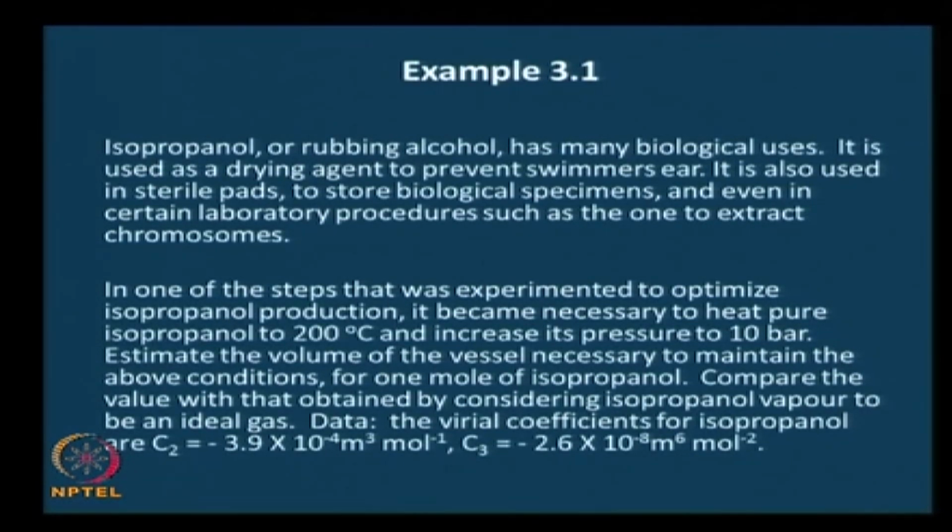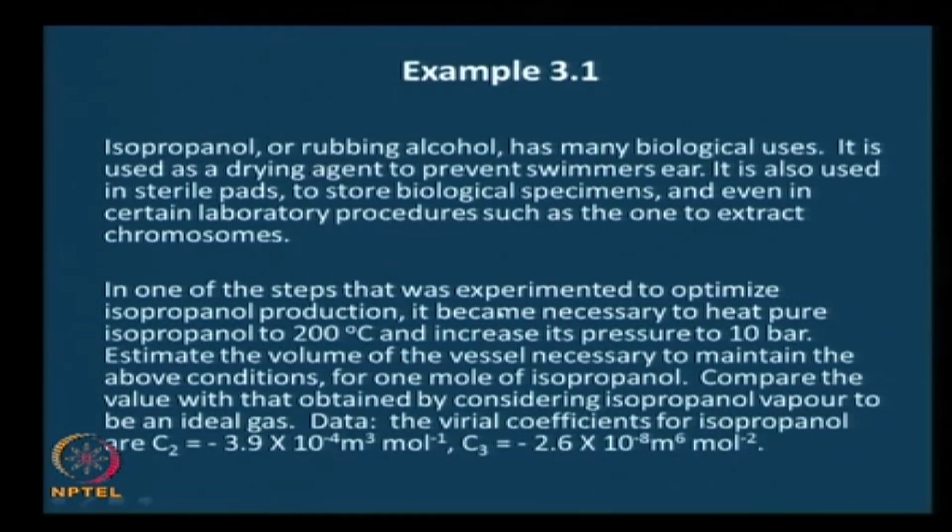It is also used in sterile pads to store biological specimens and even in certain laboratory procedures such as the one to extract chromosomes. So, it has very many applications, and you will find that we will be using isopropanol as one of our model substances for presenting the applications in this course. We will use it quite heavily.